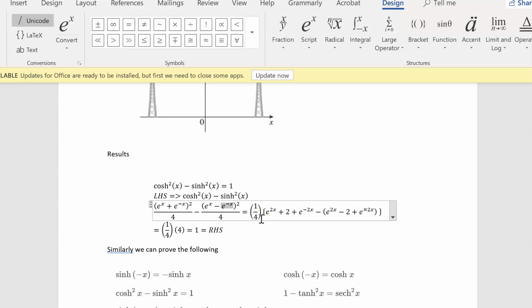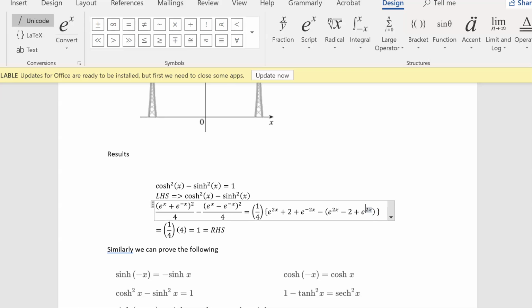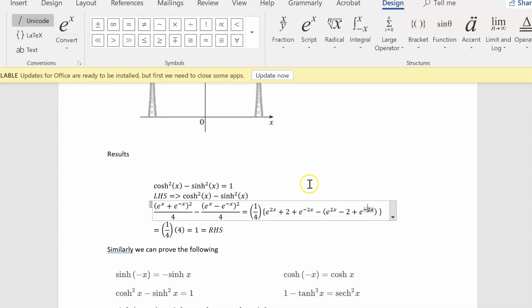And then we will see that e to the 2x and e to the negative 2x will cancel off. 2 plus 2 is equal to 4. And e to the negative 2x, with negative e to the negative 2x, will cancel off. So this should be negative. They cancel off, and all you will have is 2 plus 2, which is 4.